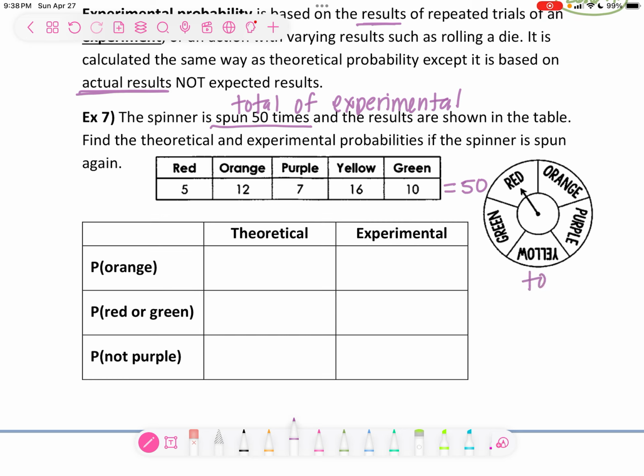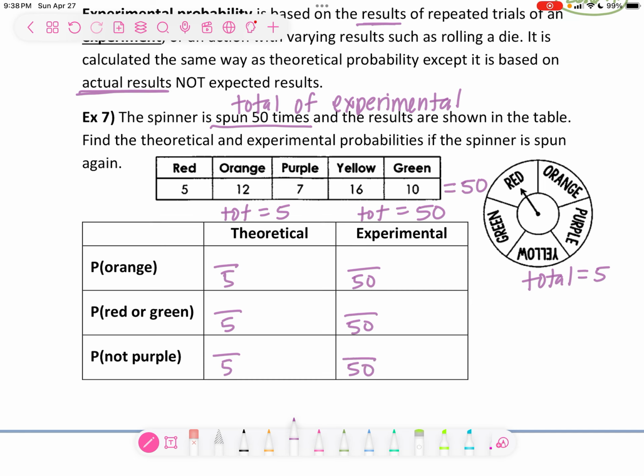The total here is 5 because there are 5 colors: 1, 2, 3, 4, 5. So the total for theoretical is 5 and the total for experimental is 50. That's going to change the number at the bottom of your probability. So for theoretical, it's all going to have a total of 5, and for experimental, it's all going to have a total of 50. I'm going to go ahead and write that right now.